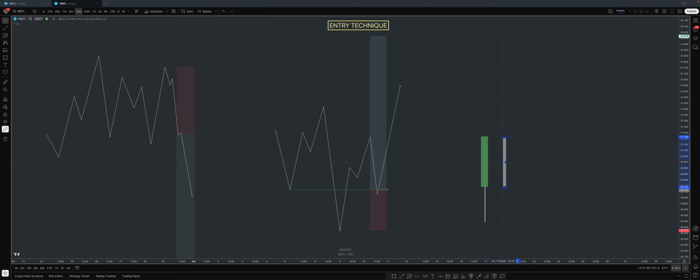And then maybe we consolidate a bunch. And then we head down very aggressively and take out that soup, that wick, once again. And then after that, we have a lovely move straight back up. And then you can use the order block.